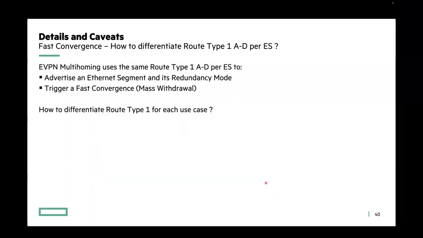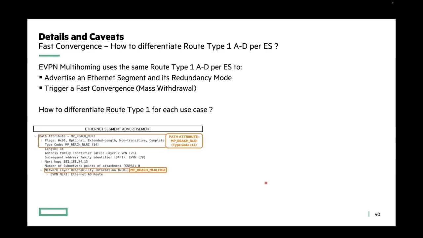As you have seen, RT1 ID per ES is used in two different ways. First, when an Ethernet segment is created, and then when fast convergence occurs due to a failure on a multi-homing VTEP. So how can we differentiate both use cases when we are looking at RT1?